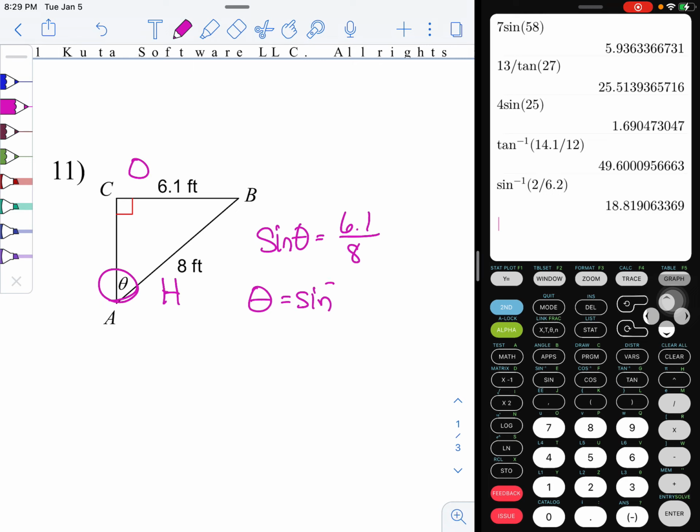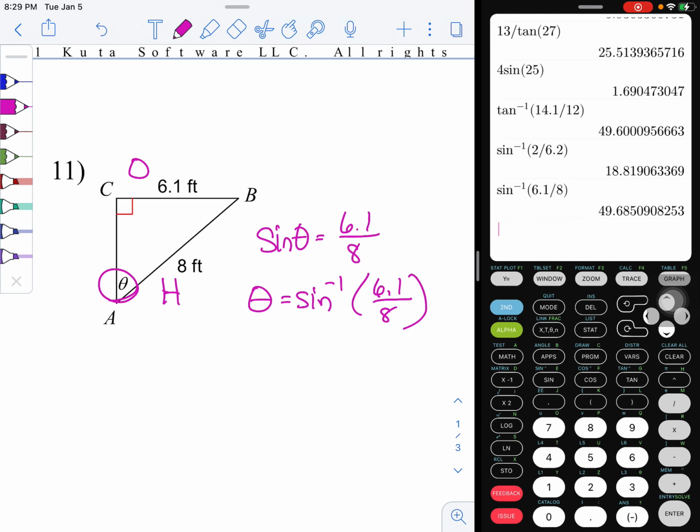Do the inverse sine of both sides. And into the calculator it goes. See, this is why you look at your calculator while you're typing things. All right, so theta is equal to 49 point, I think that's going to round to 7 degrees.